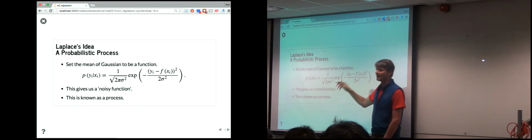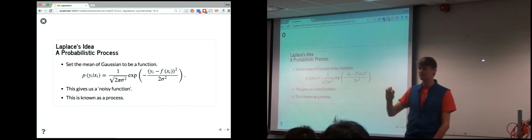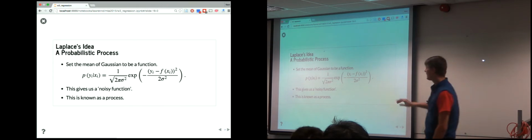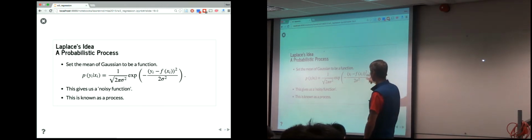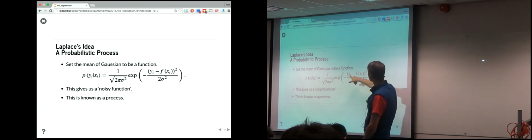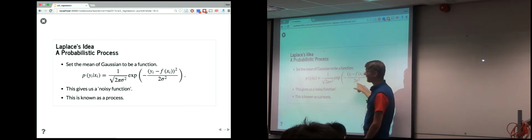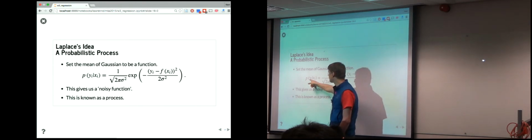So f of x is our mx plus c in this case, but it could be any f of x, and that's our prediction function. I'll always use f for the prediction function. The data minus our prediction function squared, divided by the standard deviation squared, is the probability distribution of y given x.